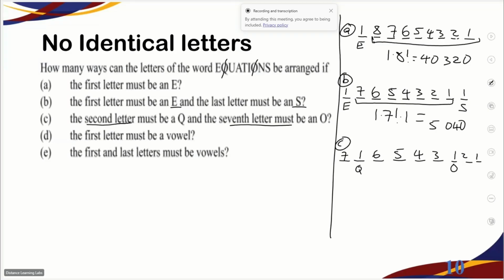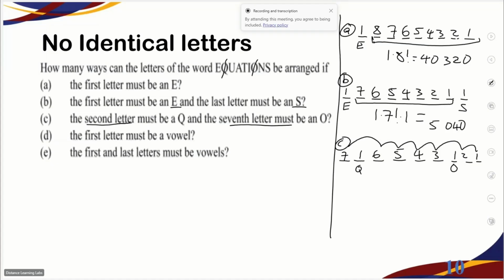Now, product of descending natural numbers does not necessarily mean they must follow each other, because this is the product of descending natural numbers. 7, 6, 5, 4, 3, 2, 1. That is the product of our descending natural numbers.